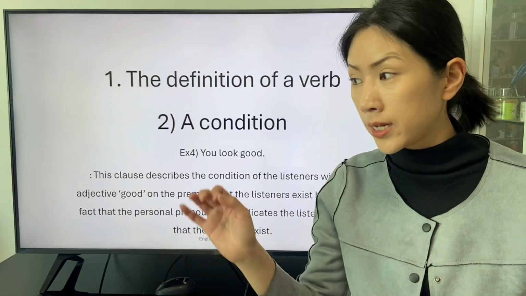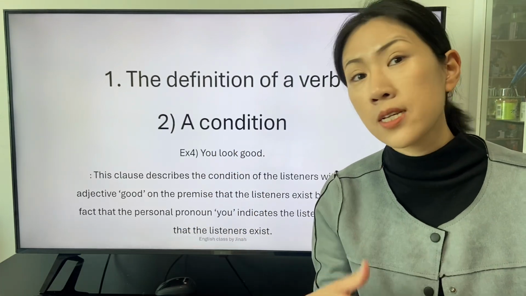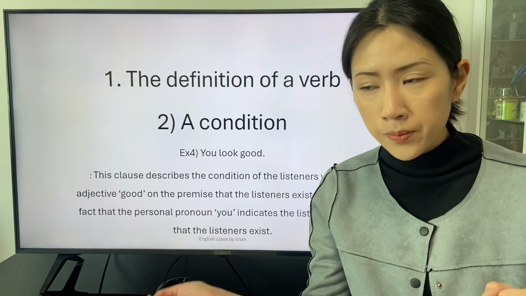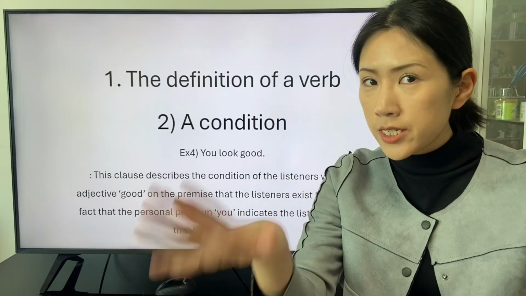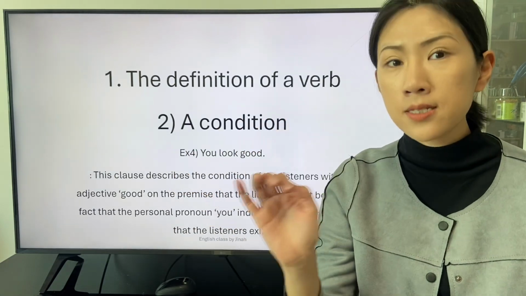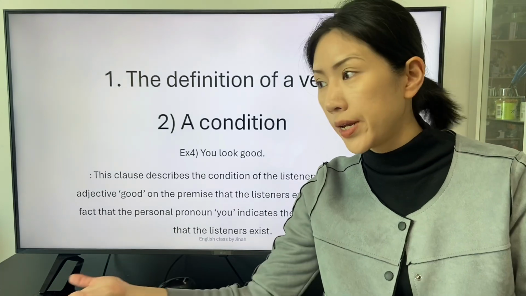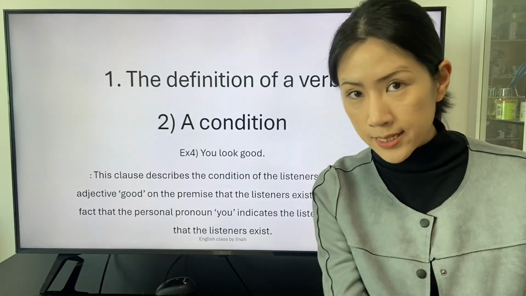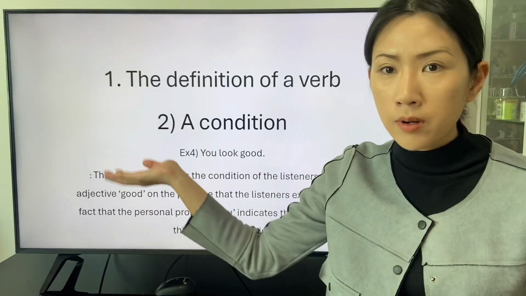The reason why the clause does not describe the existence of the listeners is that to indicate the listeners with the personal pronoun you means the listeners exist already. Because the listeners exist, the listeners can be indicated by the personal pronoun you.